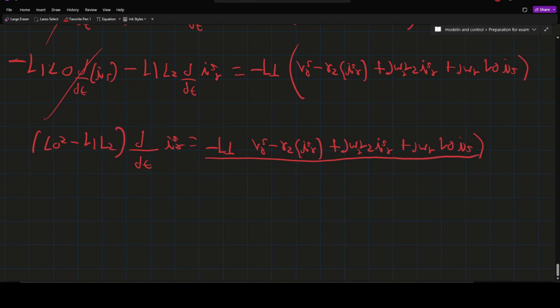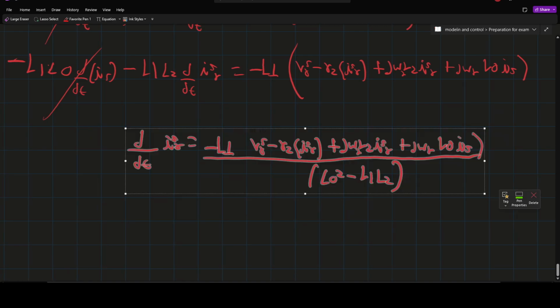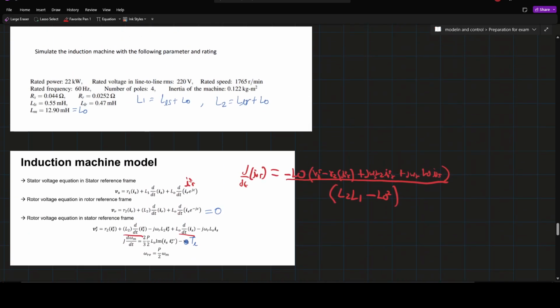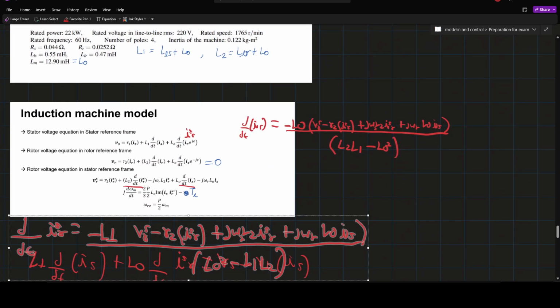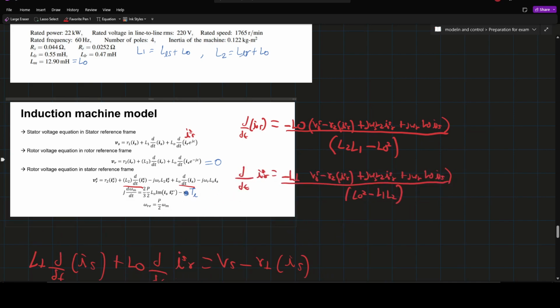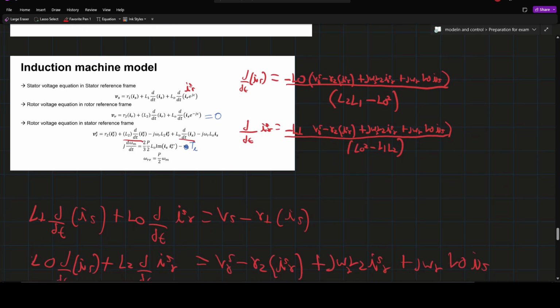We divide both sides by this, and we get our second equation. Okay, so now we have our equations for the di/dt of IS and the di/dt of ISR.